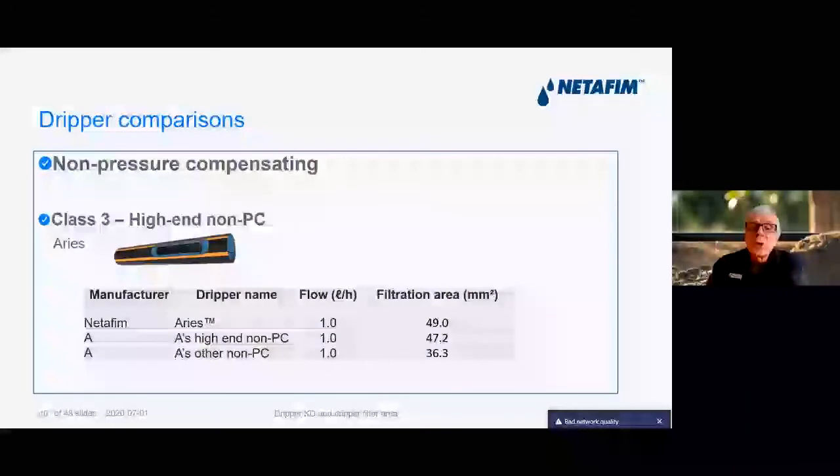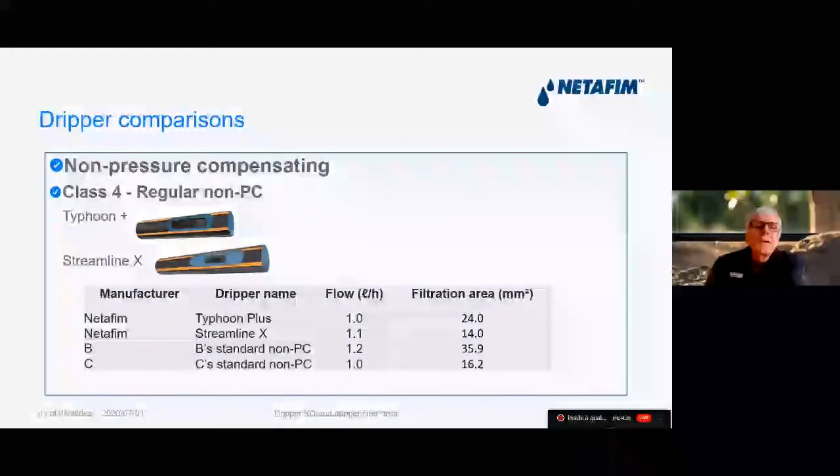When we look at non-pressure compensating drippers, Aries has got 49 square millimeters, and our competitors' high-end non-pressure compensating dripper has 47.2, and they have another non-pressure compensating dripper of 36.3 square millimeters.